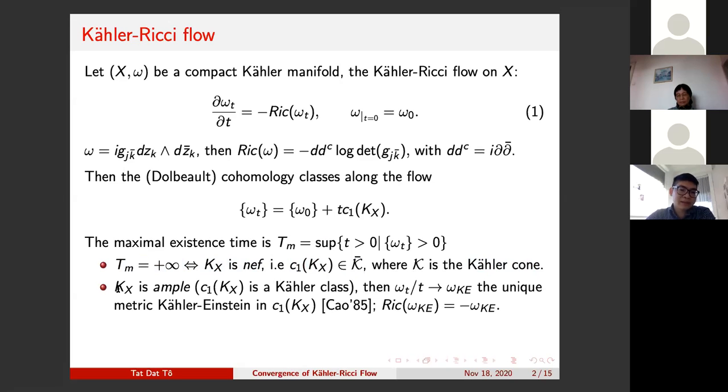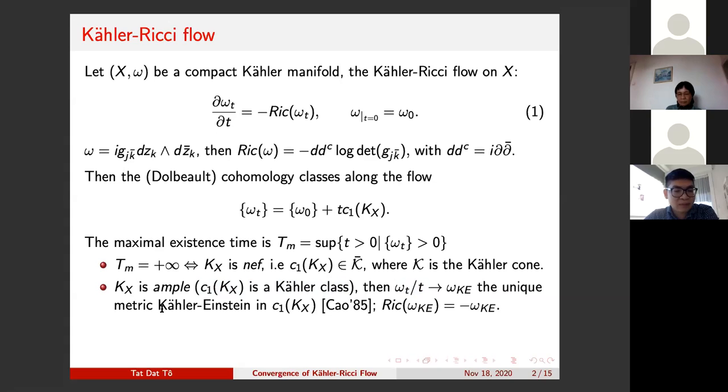If K_X is ample, then c_1(K_X) is a Kähler class. That means we can find a Kähler metric in this class. Then Cao shows that after normalization, the metric converges in C infinity to the unique Kähler-Einstein metric.